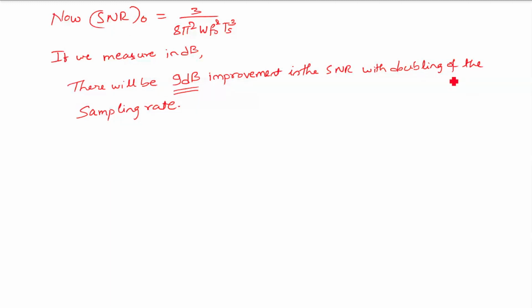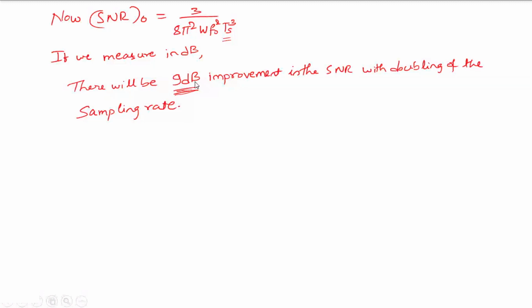If you double the sampling rate, that is Fs equal to 1 by Ts, you will find 9 dB improvement in the SNR. So the higher the sampling rate, the better the SNR. This is what you can conclude from this delta modulator system.